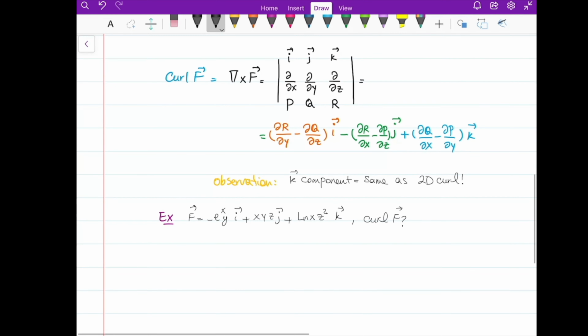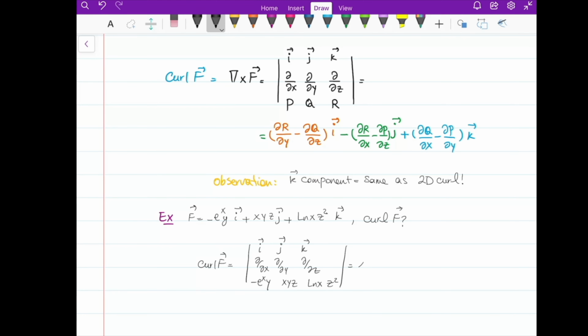To find the curl of F, I need to find the determinant of i, j, k; the del operator with respect to x, y, and z; and then negative e to the xy, xyz, and ln x times z squared.